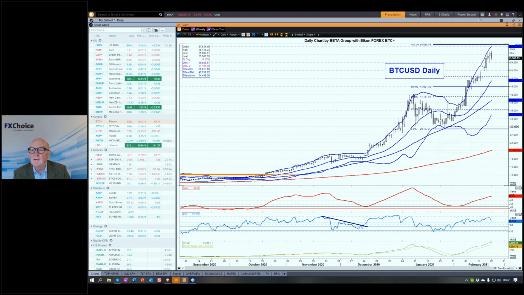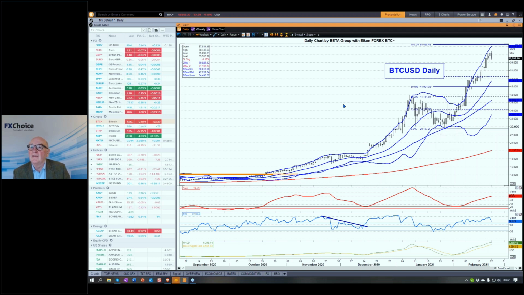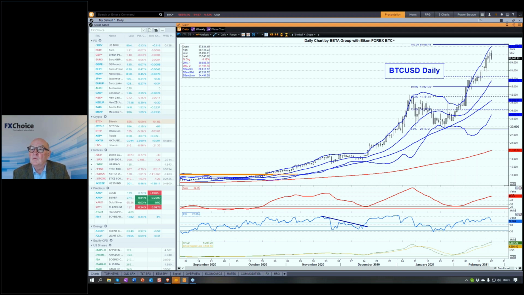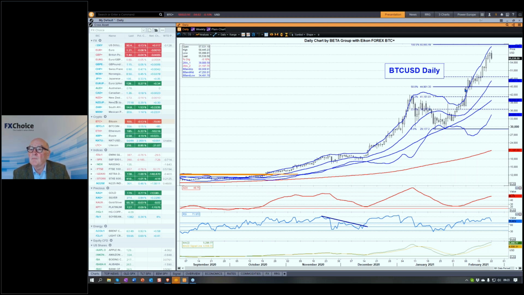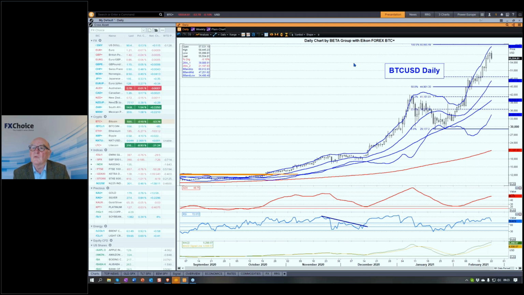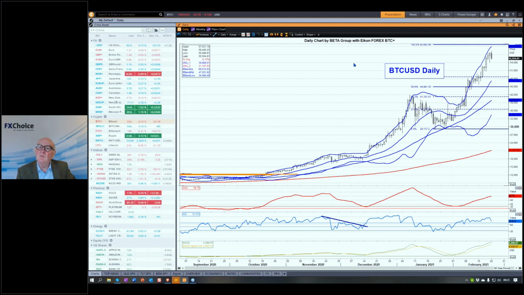So A, B, C. Add A, B to C to get D, and therefore we broke through 38.2, which was the previous high. We did that with a powerful candle there, gone through the 50% level, and now towards the 100% level. So that gives us an intermediate objective of 60,600 on here.